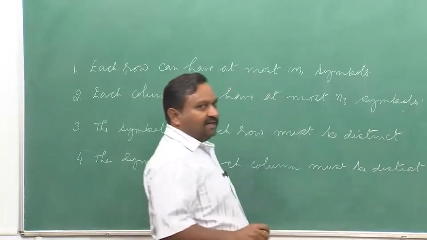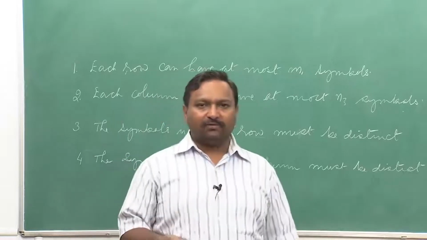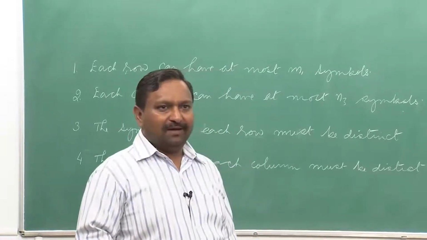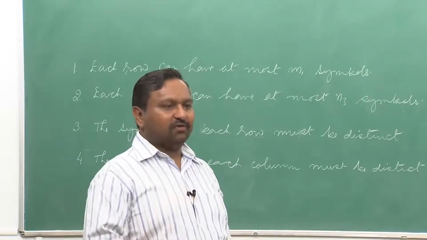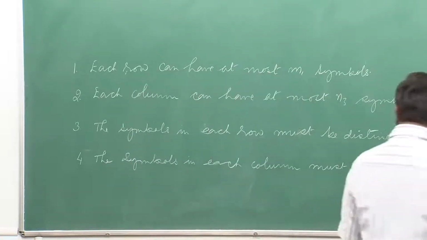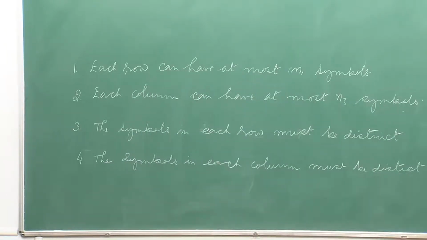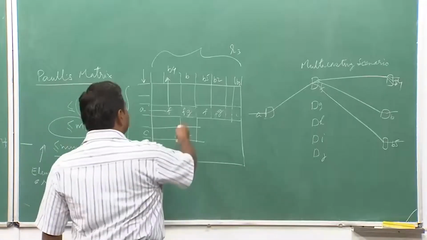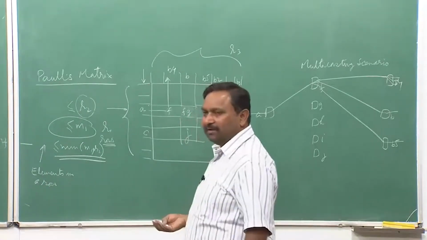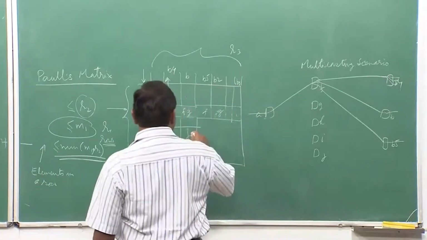Now, we have to understand what is going to happen if these are not distinct, and that will give us a reason why they should be distinct. So, let us see. If the symbols in each column are not different, I am repeating a symbol.